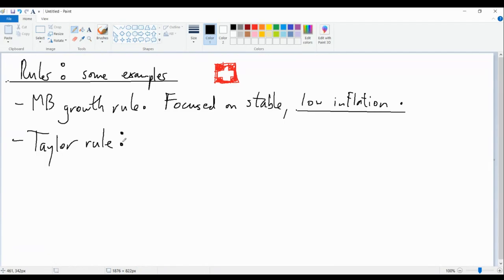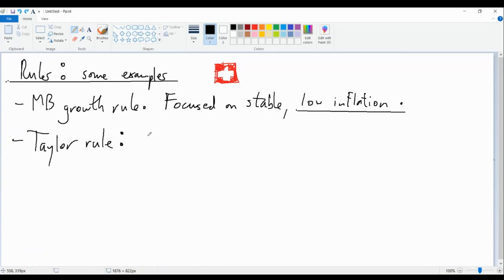Now, the Swiss rule we had here is focused on low inflation, right, and trying to keep inflation stable. And they were trying to do it by having this very rigid rule. But now let's try and codify a slightly less rigid rule that tells us what we want to do if we want to try and keep inflation low and stable.